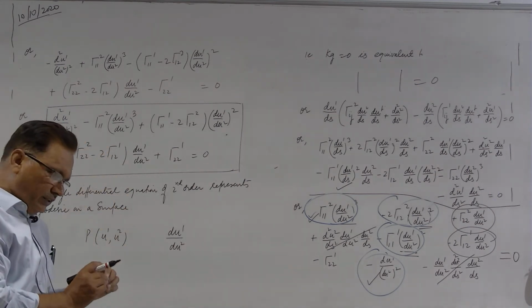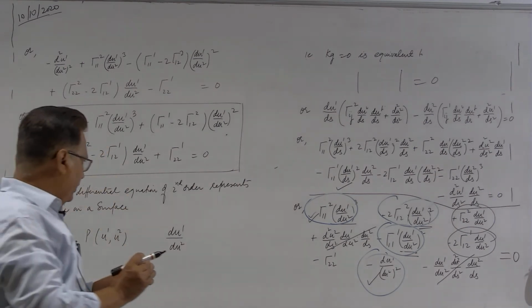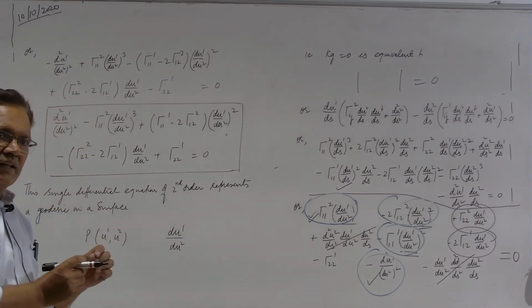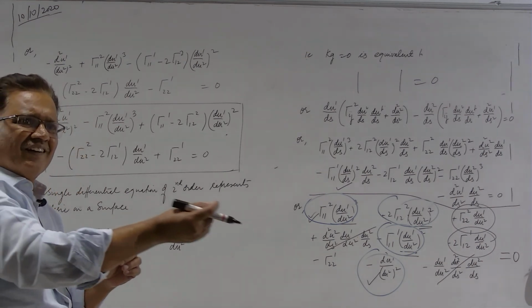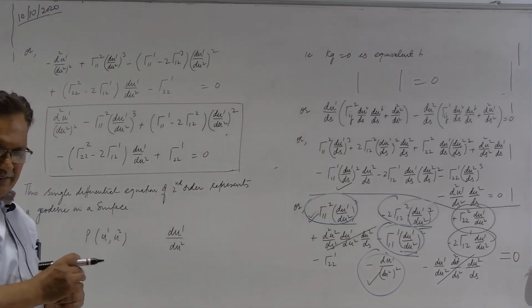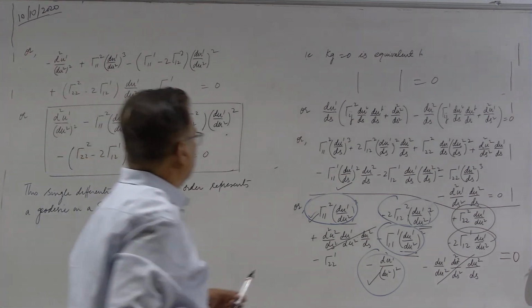So, in other words, if you are given a point and a direction, then there exists a unique geodesic along this curve. Is it right? So, this in fact tells you a theorem.